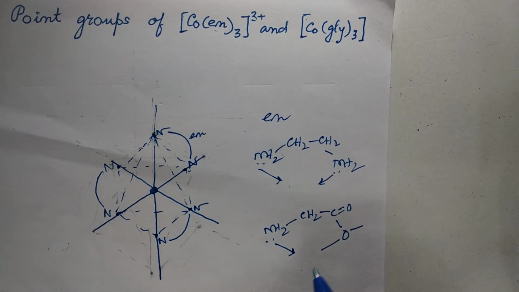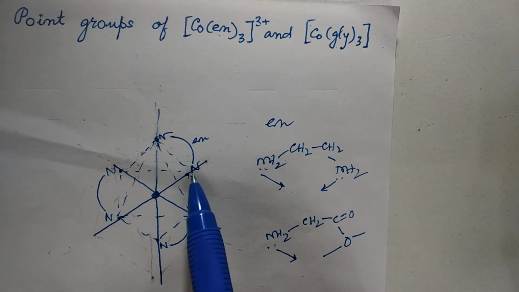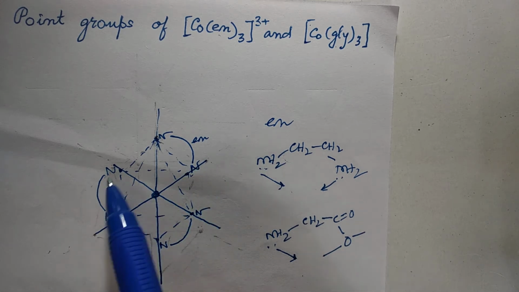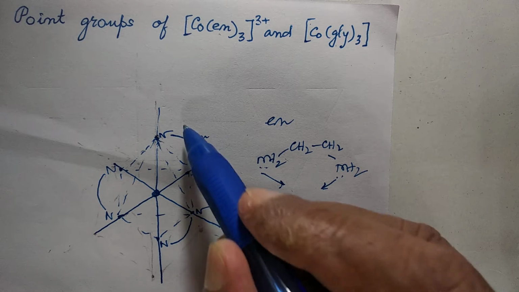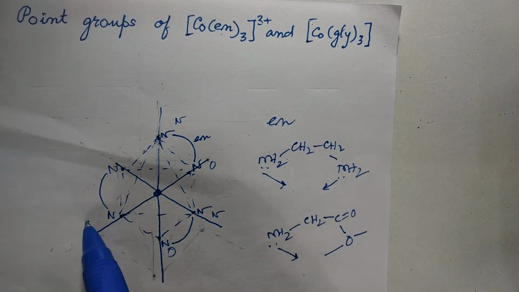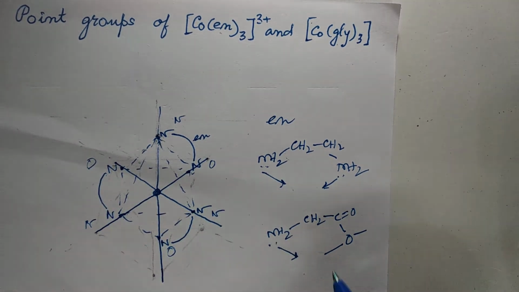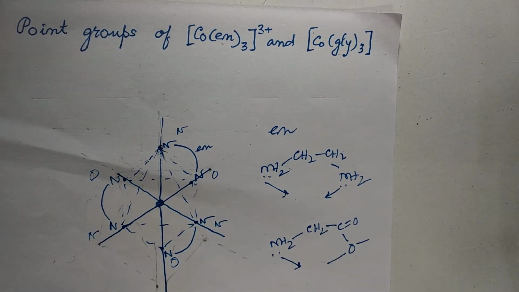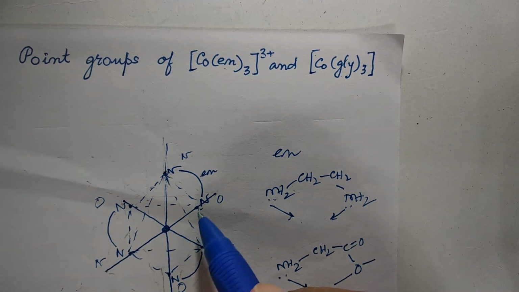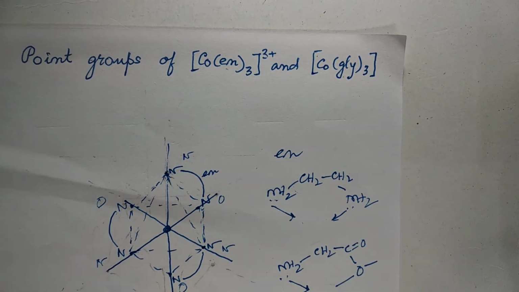So for the glycinato complex, we have to replace 3 N atoms by 3 O. That is, we have to write N O here, then N O N O. That will give you the structure of the tris-glycinato complex.